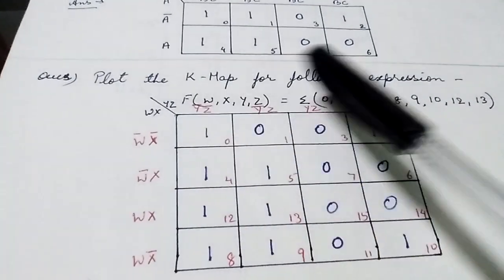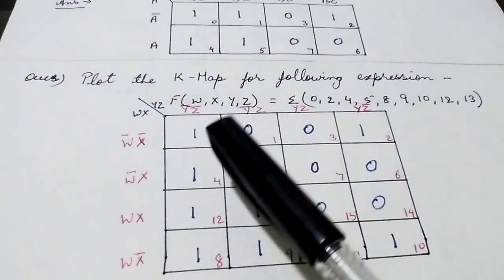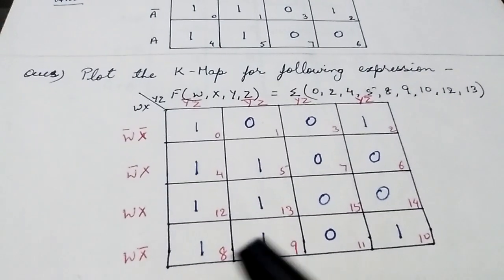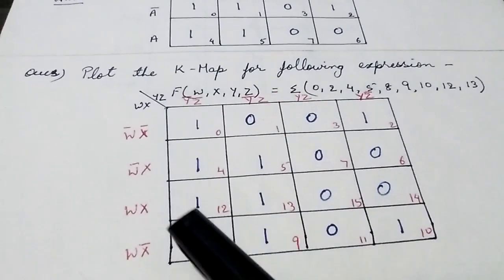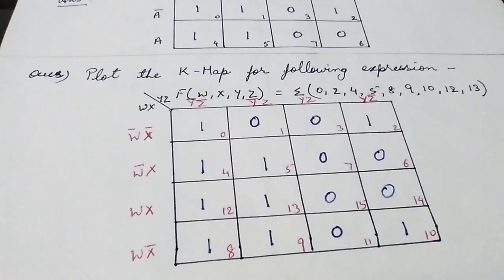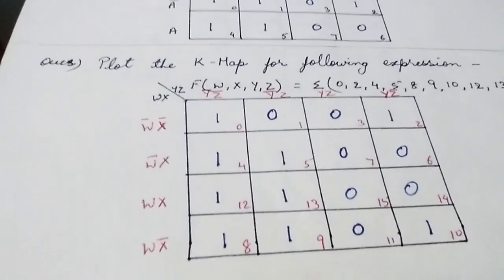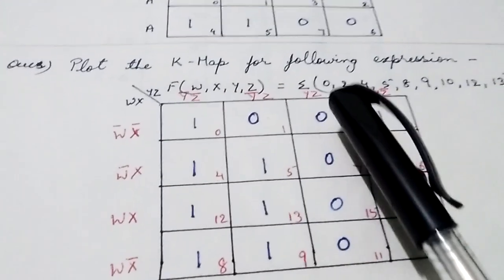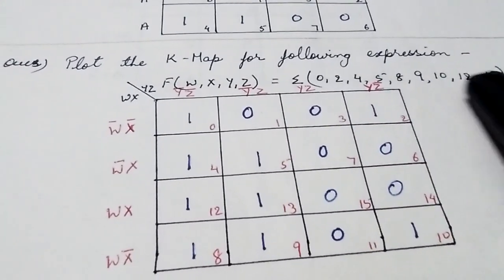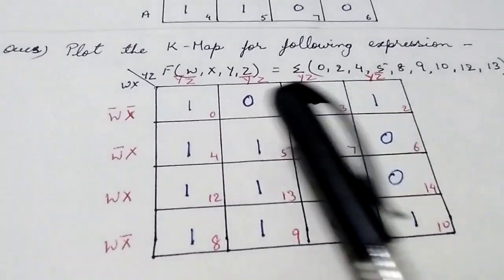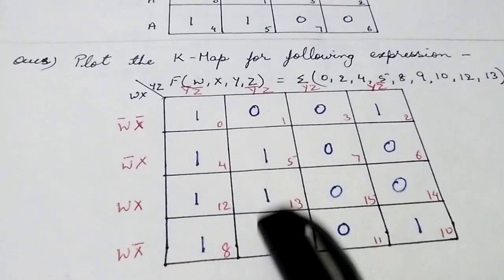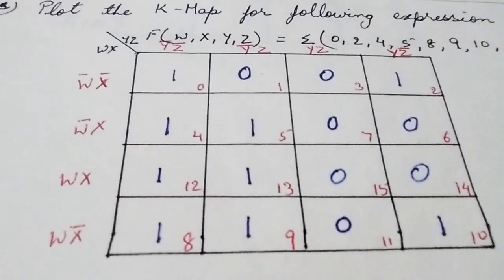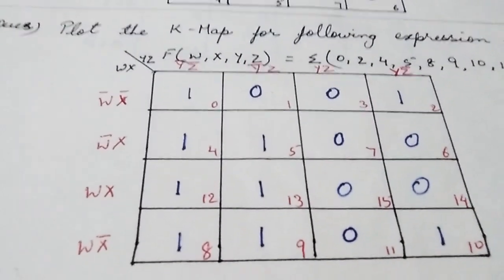So we will plot 16 cells and write the designation values. Remember, after 8, 9, 10, 11, then 12, 13, 14 and 15. And then we also see the combination. Very easy. Whatever the canonical values written here, just put 1, 1, 1 in all those places. And in the remaining places, we put zeros.